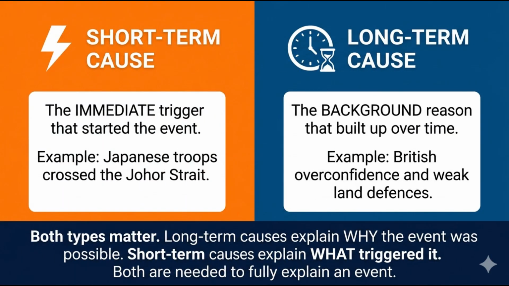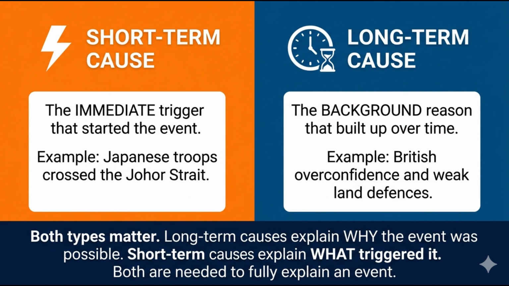Causes can also be divided into two types, short-term and long-term. A short-term cause is the immediate trigger, the specific action or event that directly sets something off. A long-term cause is the background reason that built up gradually over time and made the event possible in the first place. Let me use the fall of Singapore as an example.